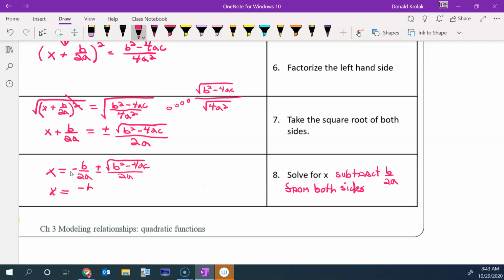So, opposite of b, plus or minus the square root of b squared minus 4ac, all over 2a.